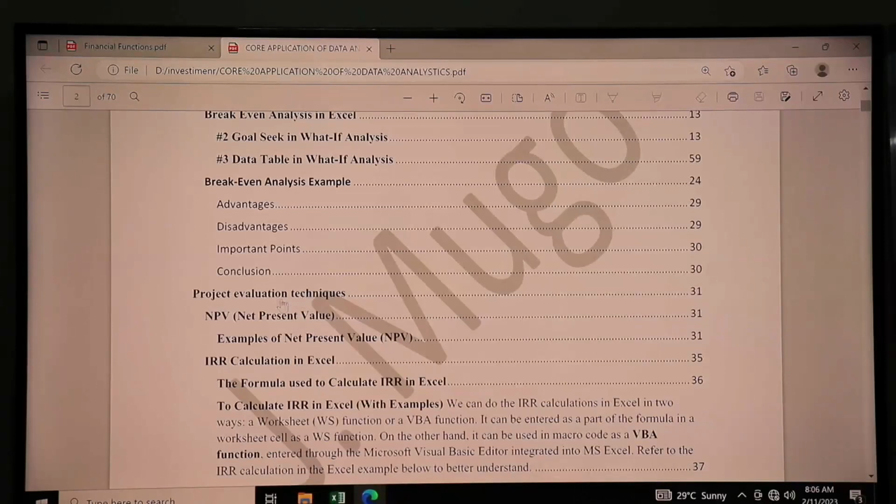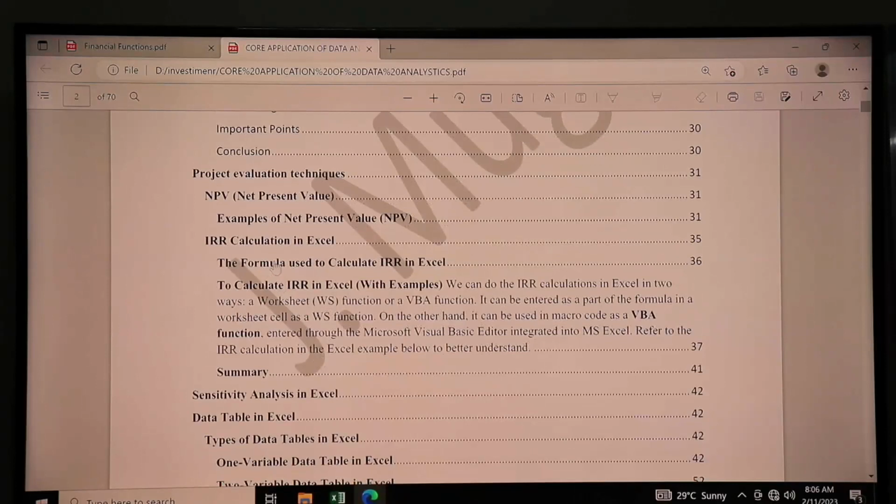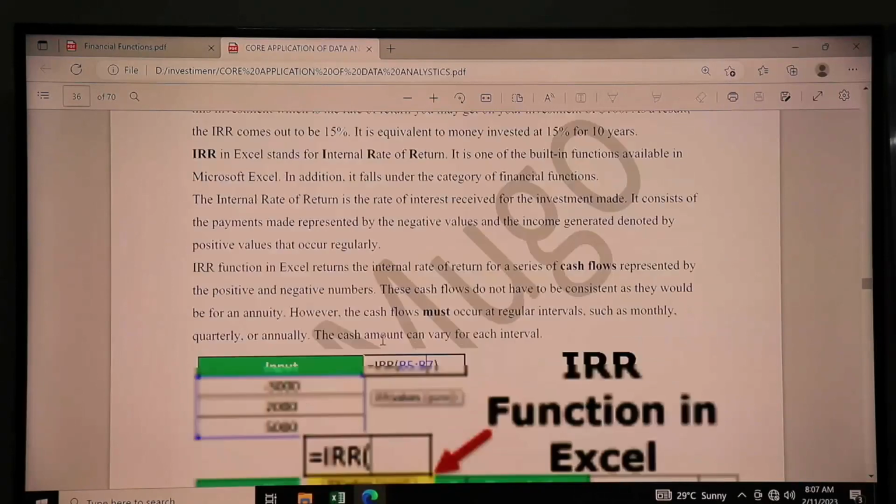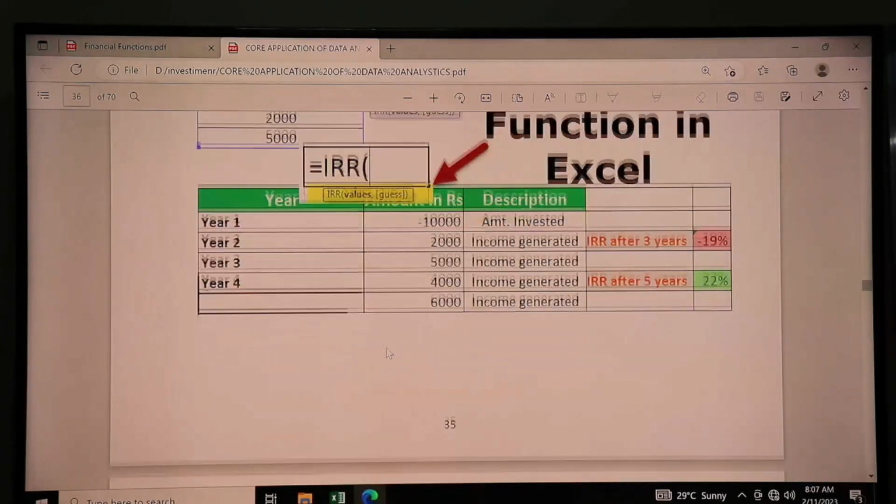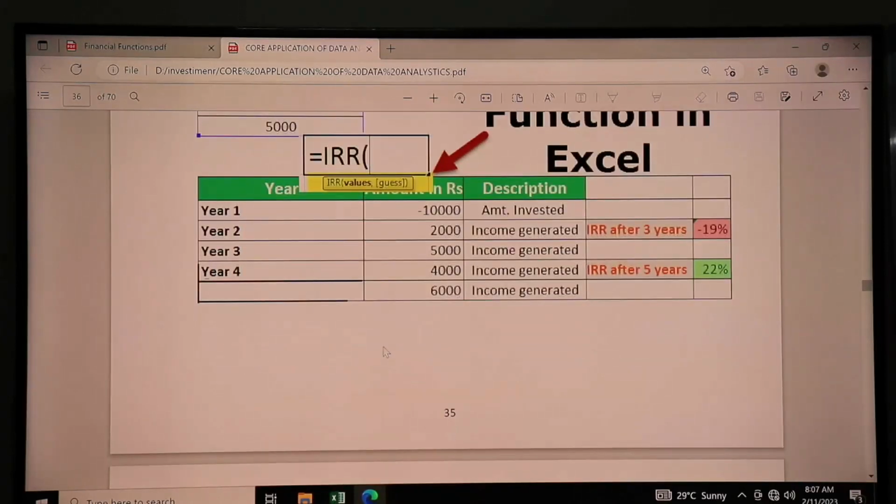So far we did net present value. Right now we have just gone through the internal rate of return. We have just done those two. And we have seen that when you are running the internal rate of return, you can also check the project.